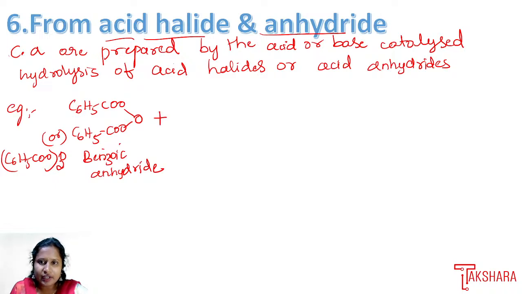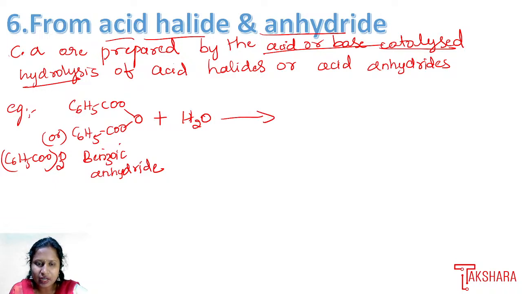When it undergoes what? Acid or base catalyzed hydrolysis, in the presence of water, hydrolysis happens, so what happens here, we will get the addition of 2 hydrogen atoms here, one hydrogen atom here and another hydrogen atom here, and oxygen will evaporate.